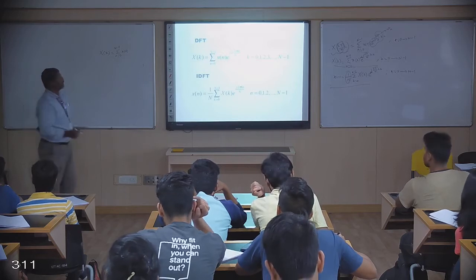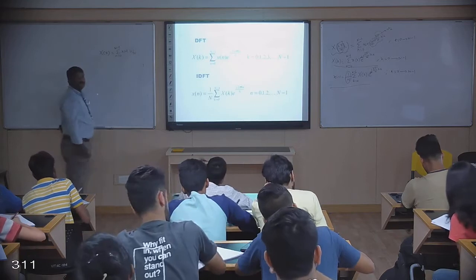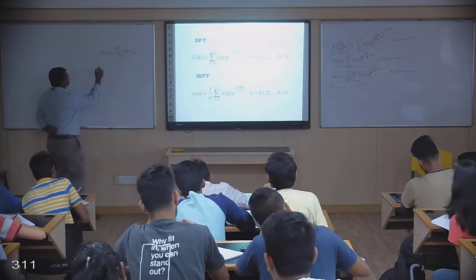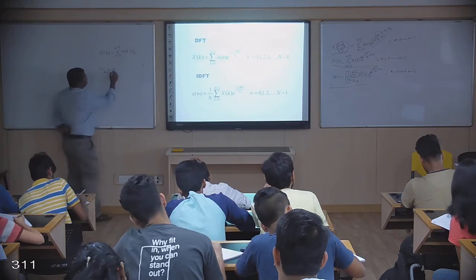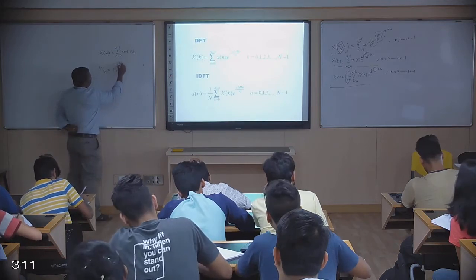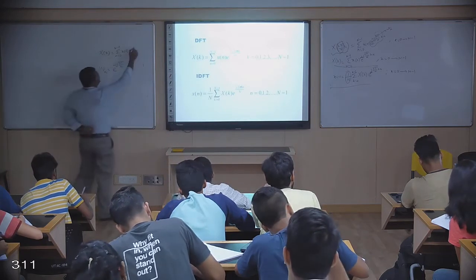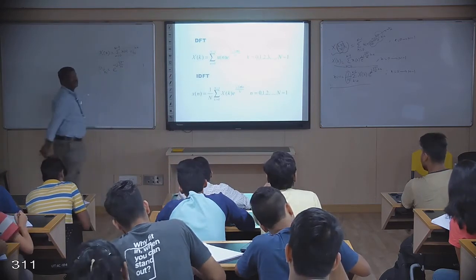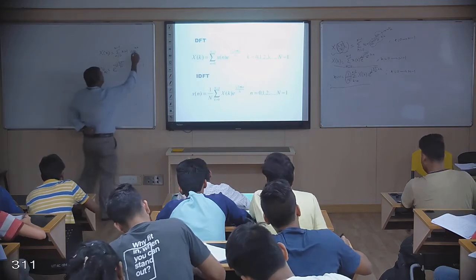Okay, please make a note of it. The weight matrix is given by W_N, where W_N is given by e power minus j 2 pi by N. So here I need to put kn separately. Actually this W_N is the weight matrix.